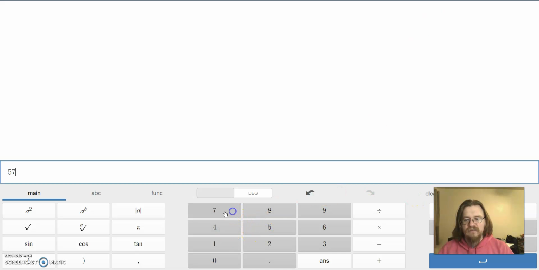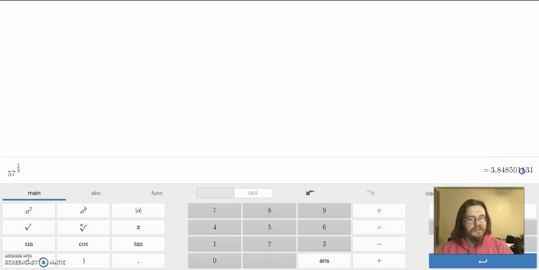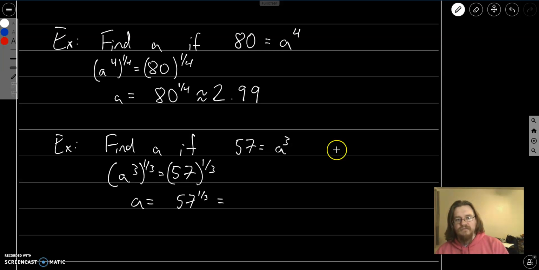So I'll have 57 raised to the 1 divided by 3 power, and over here I have my answer. Again, I will round to 2 decimal places, and I will need to round up because of the 8, so I get 3.85. And that is how you take the nth root of a number.